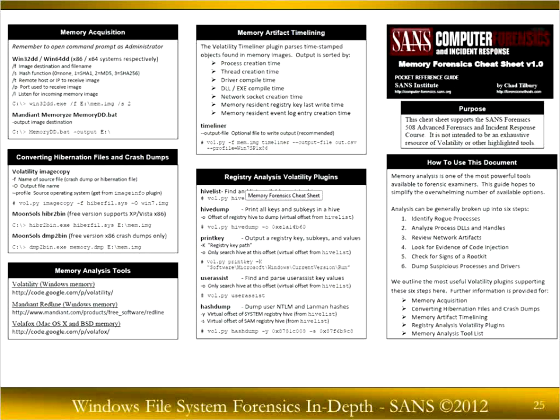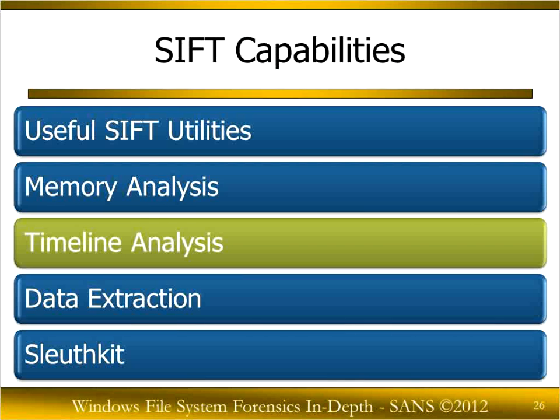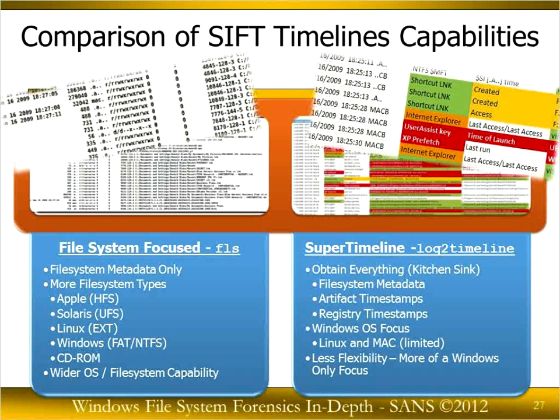And here's just a cheat sheet that basically talks about that, and just a call out from our slides in general. Timeline analysis is built into the SIFT Workstation. There are two capabilities built into the SIFT Workstation. The first is file system focus, which is from the Sleuth Kit version called FLS. There's also the super timeline version, log2timeline, which is the obtain everything version.